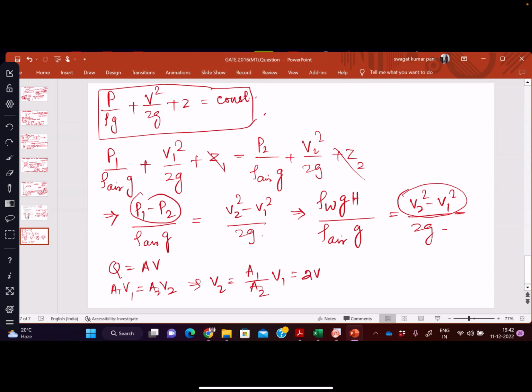So V2 equals 2 V1. We put this here: 4 V1 square minus V1 square by 2g. Is it clear till now?